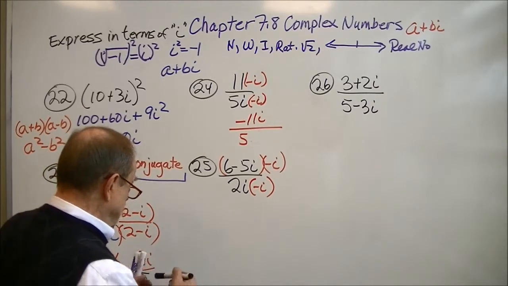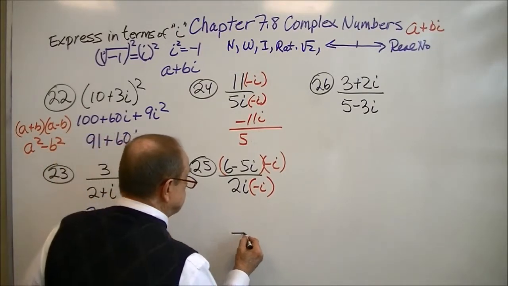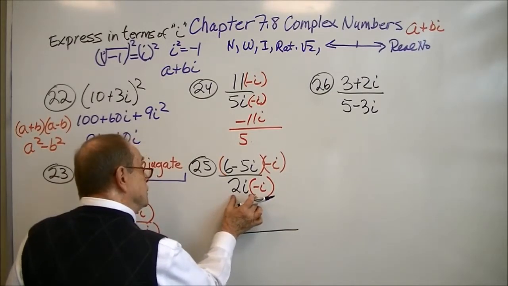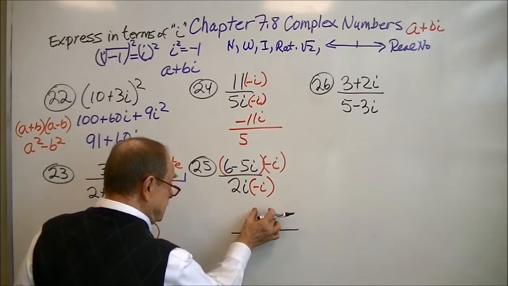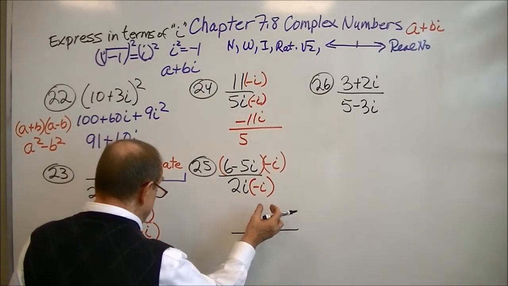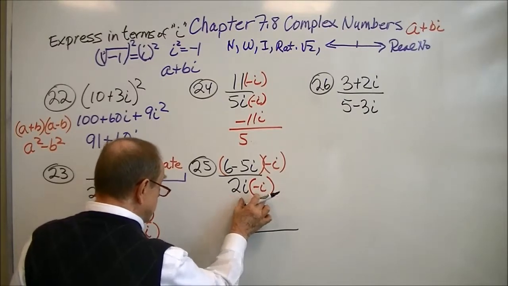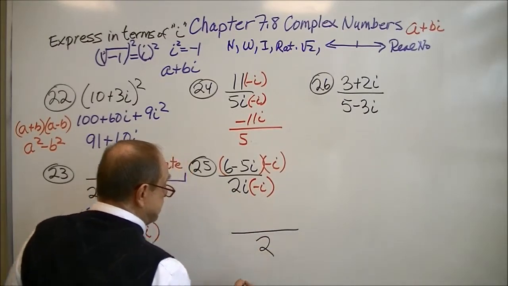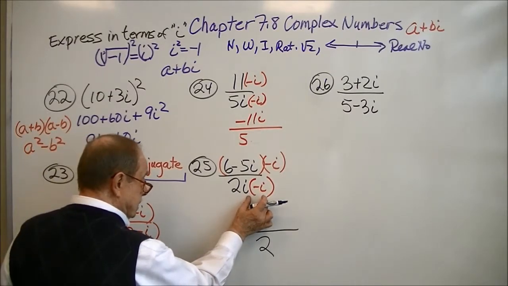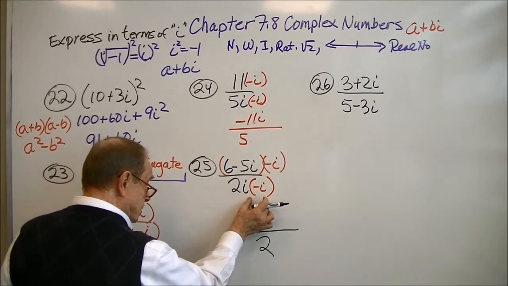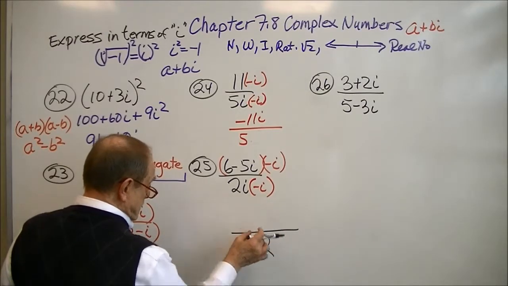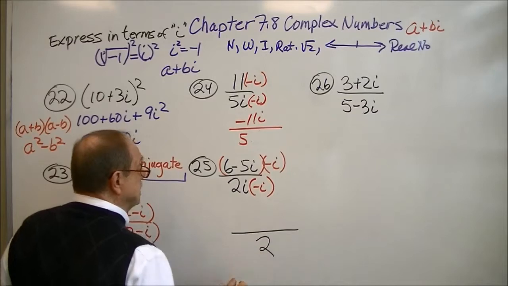So our denominator becomes a negative 2i squared, but i squared is a negative 1, so our denominator now becomes a positive 2.